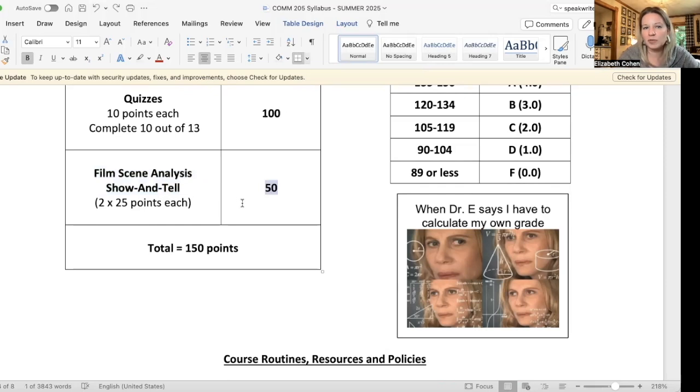You only need to do up to 50 points. So you need to do 2 of them, 2 out of 3. So if you do the first 2 scene analyses and you like your grade on the analyses, you don't have to do the third one. Alternatively, let's say you do the first one, you don't like your grade, just do the other 2 and I'll take the best 2 out of 3.